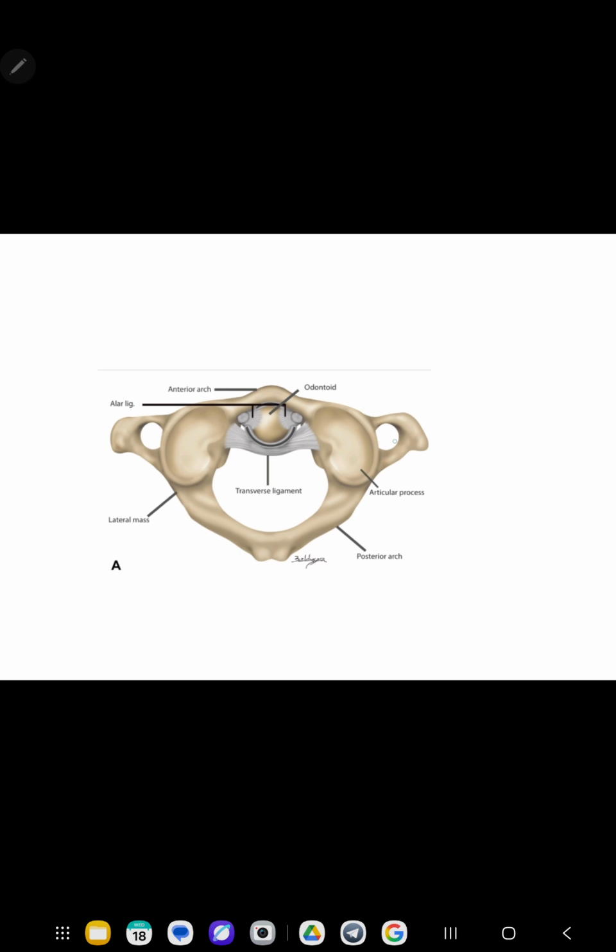That means up to this, the foraminal segment is the V2 segment of the vertebral artery. Now from here it is taking a loop, and in the posterior arch there is a groove for this vertebral artery, after which it ascends upwards into the foramen magnum.